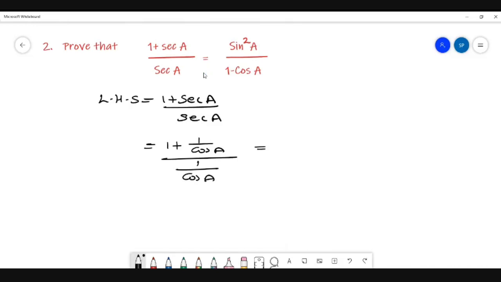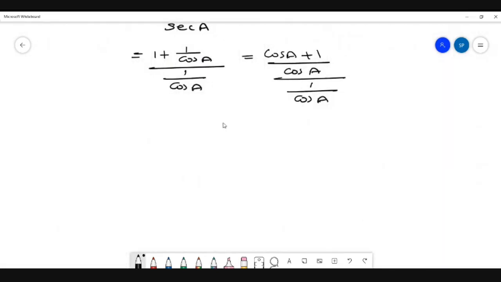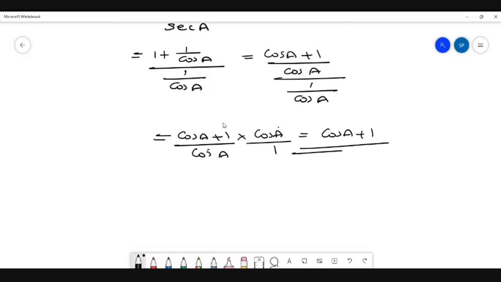Simplify: 1 into cos a is cos a, plus 1 divided by cos a, by 1 by cos a. Now take the reciprocal: (cos a plus 1) by cos a into cos a by 1. This cos a and cos a get cancelled. This will be cos a plus 1.